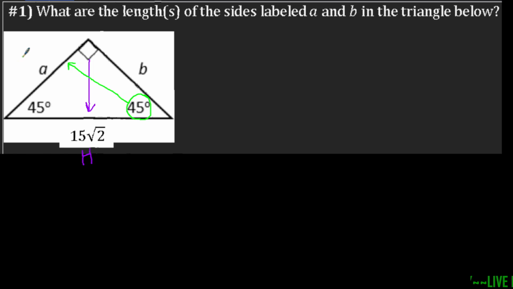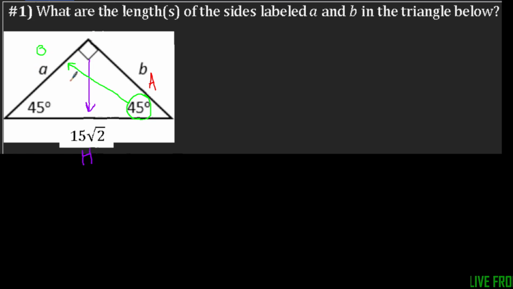Across from that is going to be side opposite, and my side next to my angle is going to be side adjacent. So just be careful when you're labeling your sides and picking your ratios, because you want to make sure that you are setting them up with labels first.